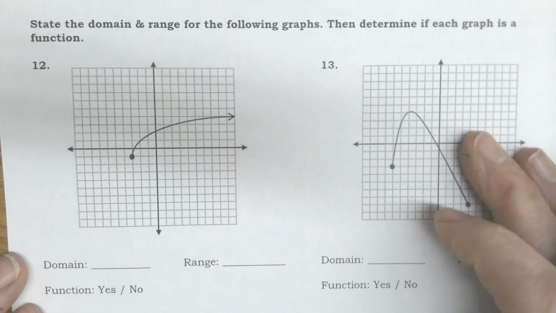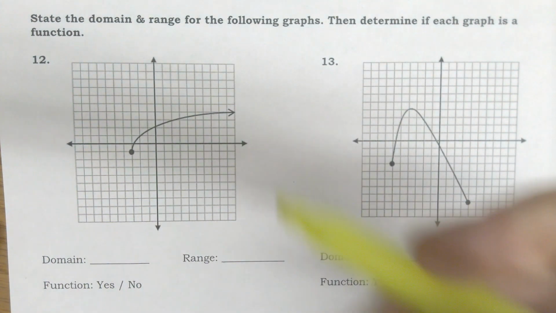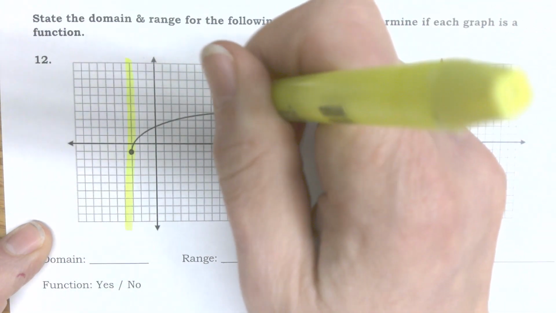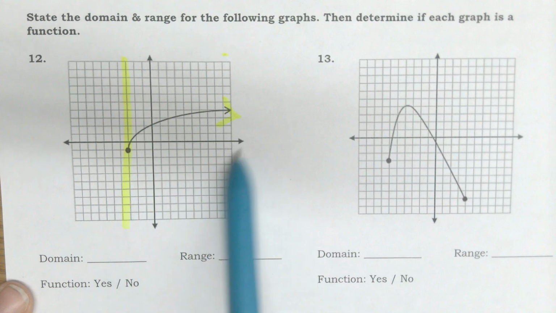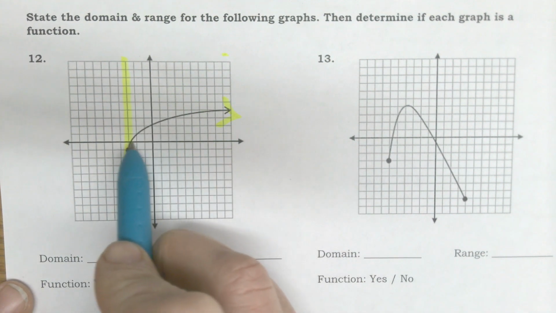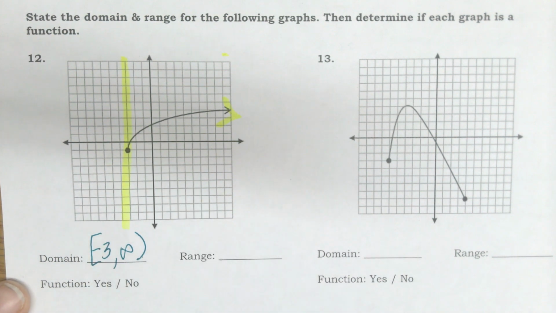Now I'm going to find the domain and range, and so I usually like to do some highlighter on this. Remember, I go furthest left to furthest right. This one's got an arrow on it, and then I follow the X value. So this is 1, 2, 3 to the left of center. So that goes from -3 to infinity. We have a parenthesis around infinity.